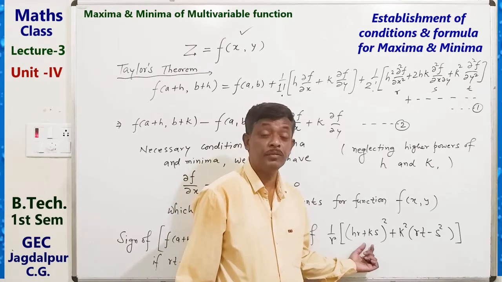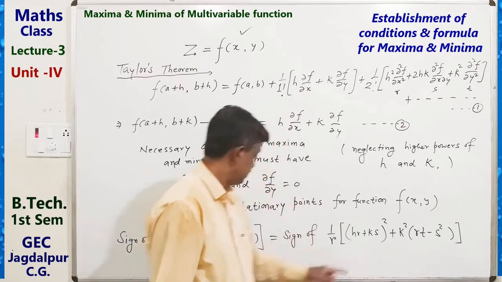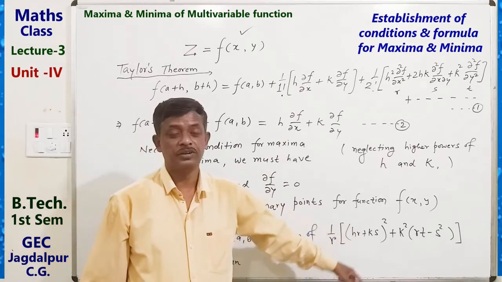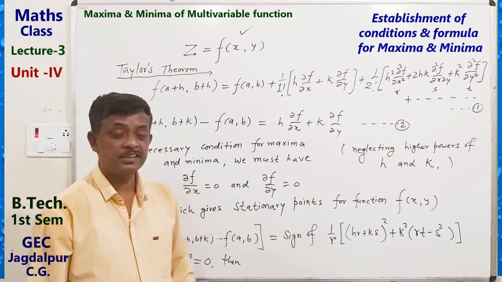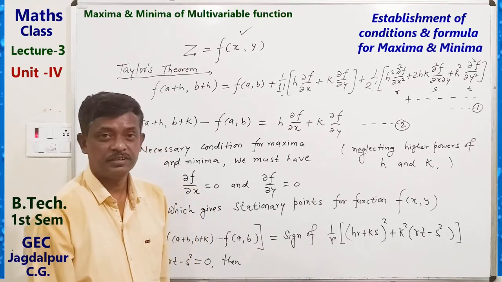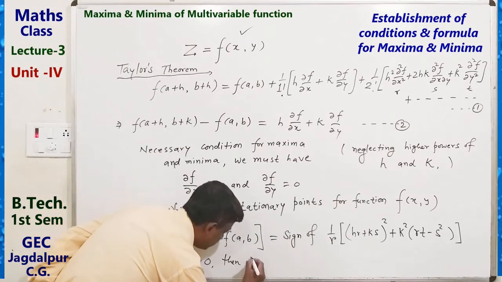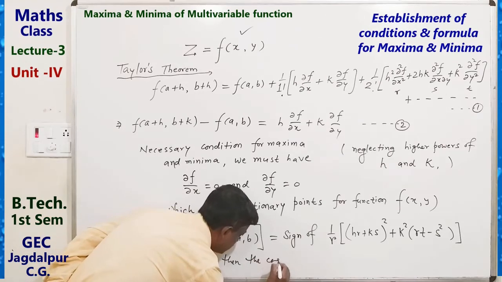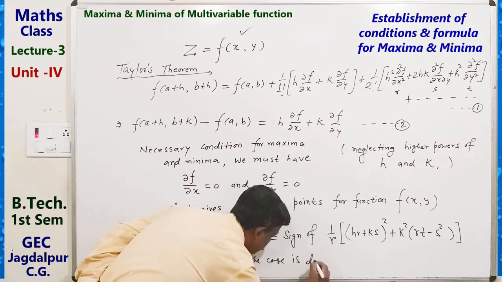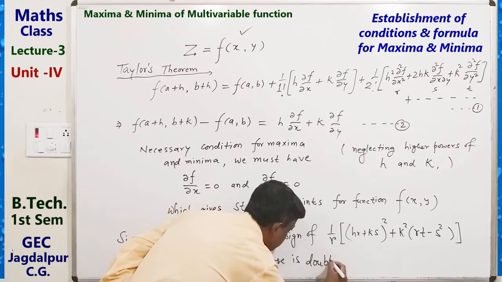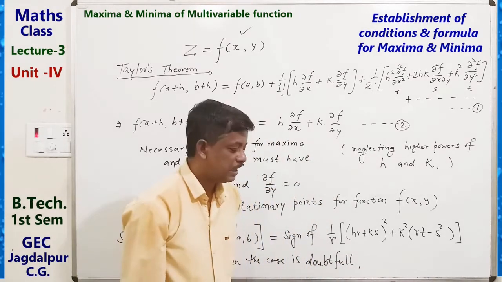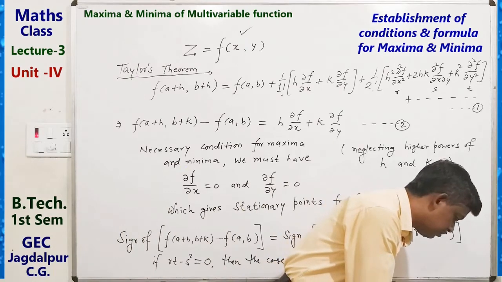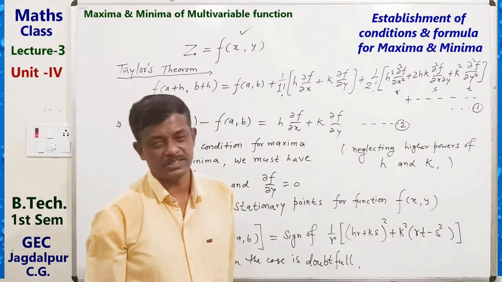It will depend on the value of h and k. If this is 0, then the sign cannot be decided. That is, our case is doubtful. The case is doubtful, okay? So further investigation we require.